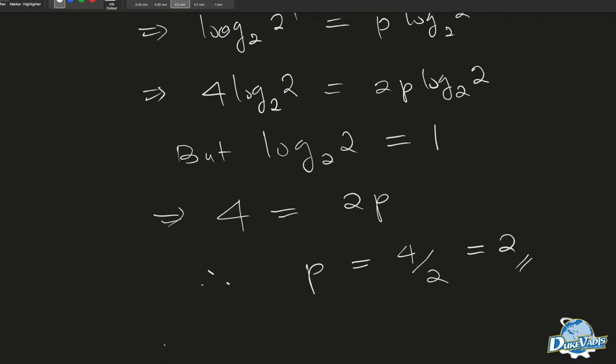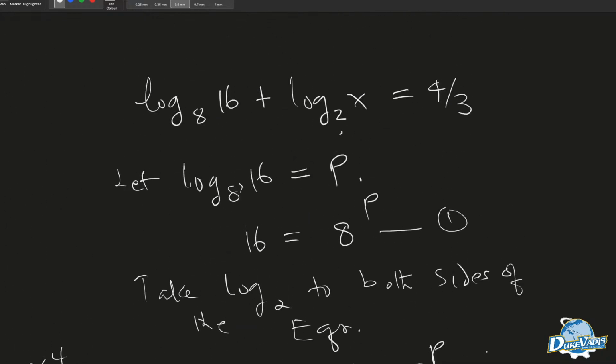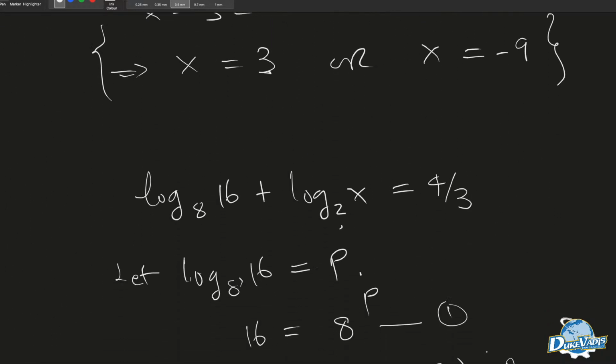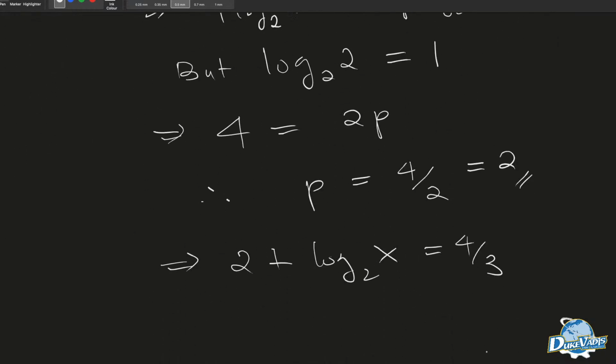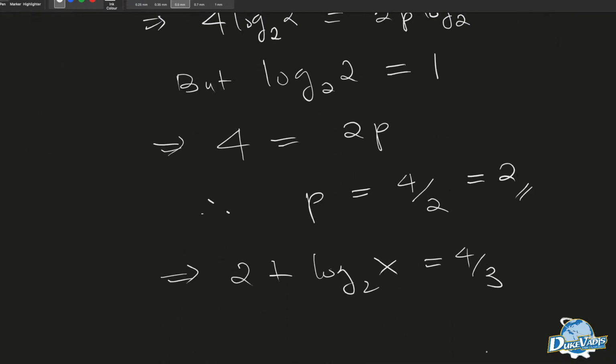So now this implies 4 over 3 plus log 2 of x is equal to 4 over 3. Friends, have you seen it? So how do we solve it? It's now easy.